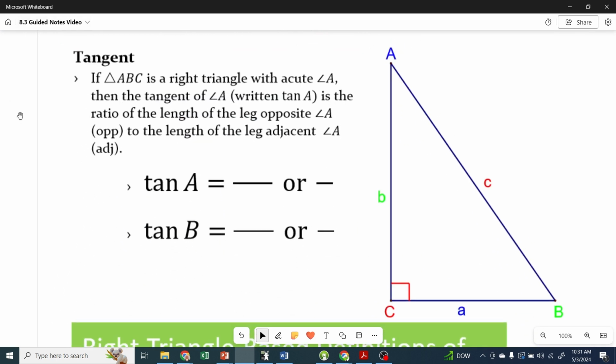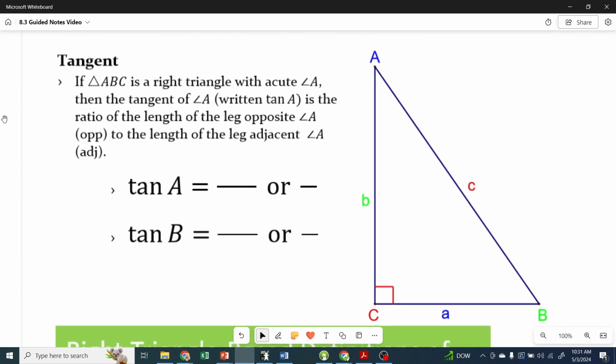The last trig function we're going to talk about is the tangent, and it's the opposite leg over the adjacent leg. So this is opposite over adjacent.